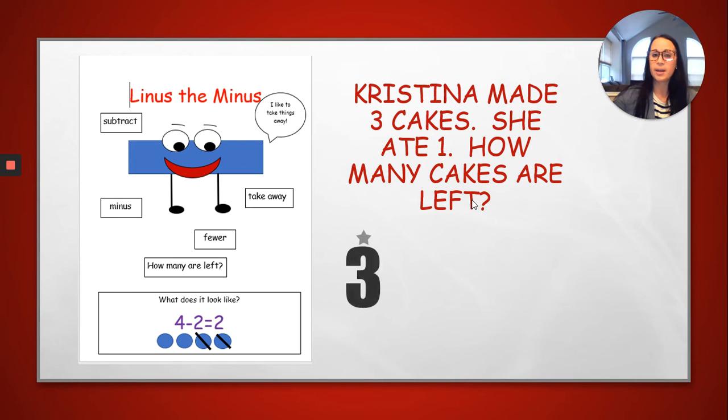3 is the first number I'm going to write in my number sentence. Then I know my minus sign is going to come next because they want to know how many are left. So my minus sign is going to go next. She had 3 and she ate 1. So the number 1 is going to come after my minus sign.